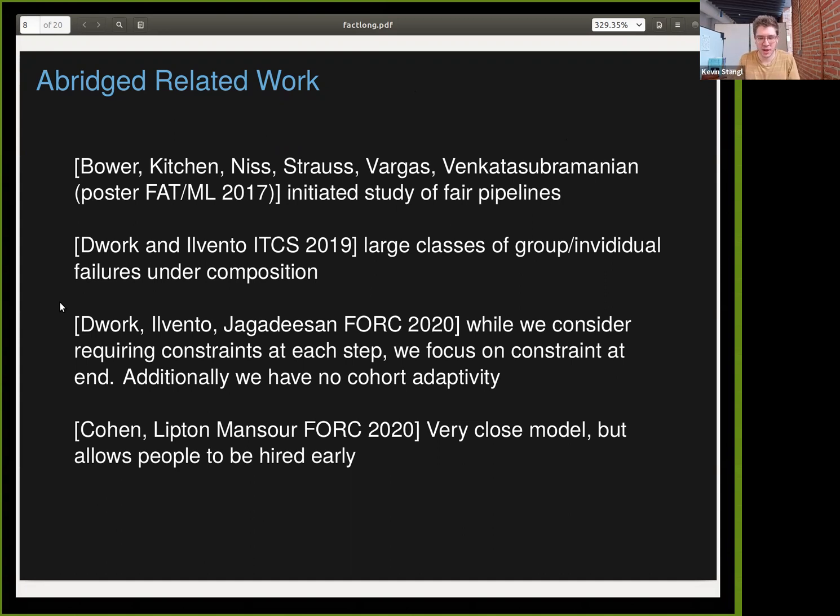We haven't really done that in this paper, and it's very challenging. Which of these related models with slightly different assumptions captures real hiring best? I think other disciplines are struggling with this too. For instance, if cohorts really are how people make decisions, then you should look at the Dwork-Ilvento work. If people make decisions without cohorts, looking at people without reference to others, maybe our model makes more sense. I don't know. All right.